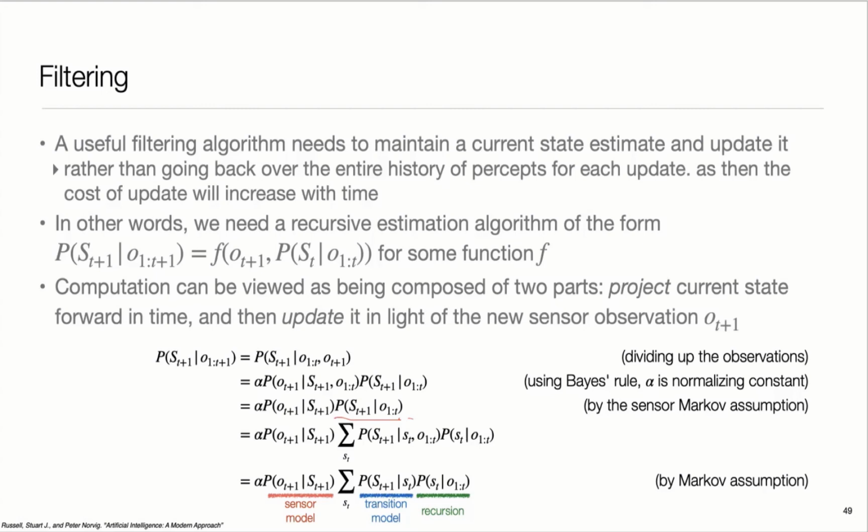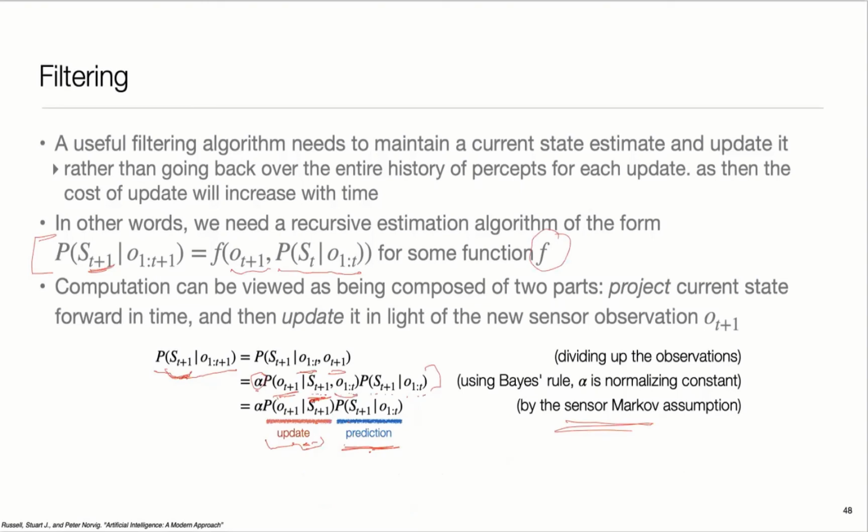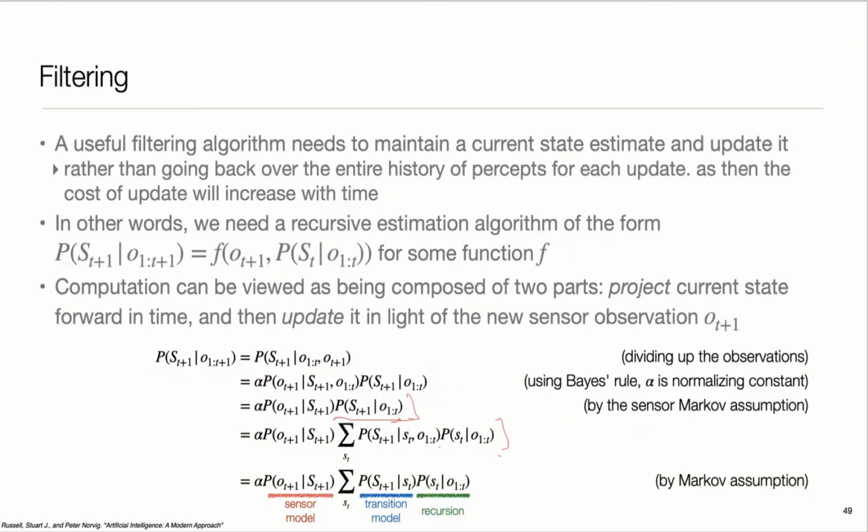So I can write it as a recursion of this form, where S t plus 1 given S t and the observations. Remember, we did not have this directly. So I condition this thing upon S t and then add this term. So again, kind of a Bayes rule kind of thing, and then do some further algebraic manipulation.